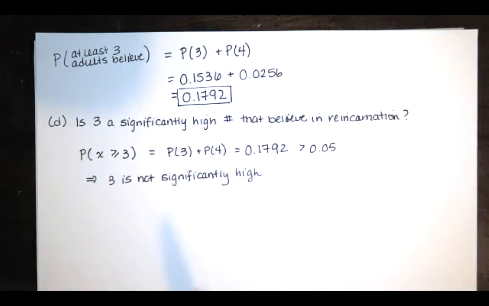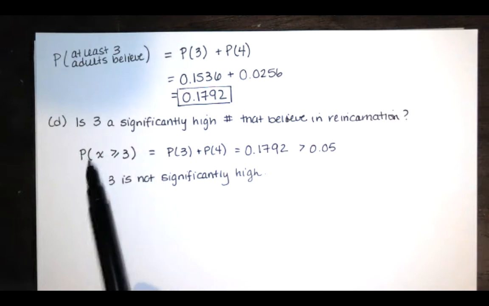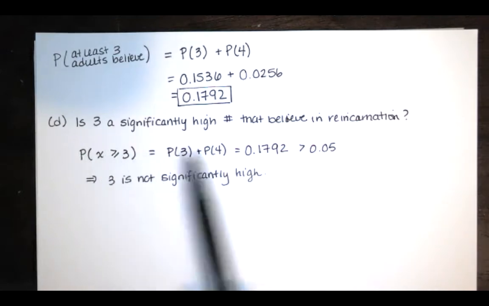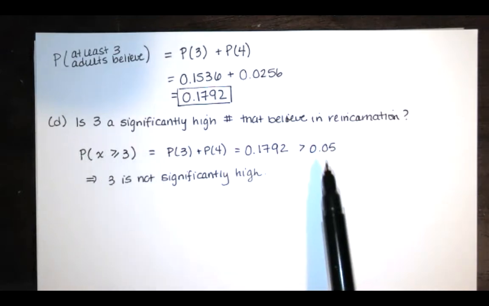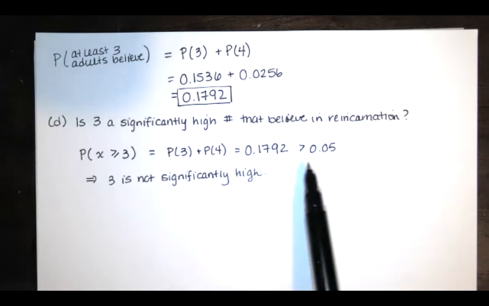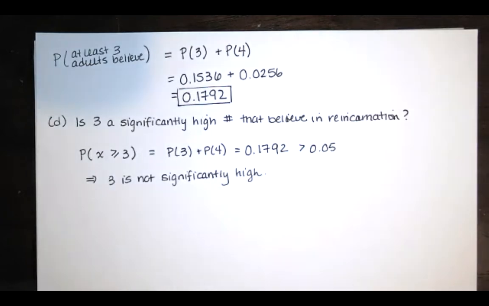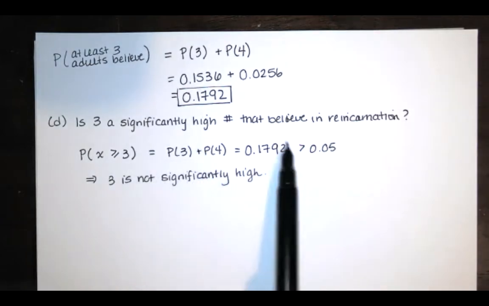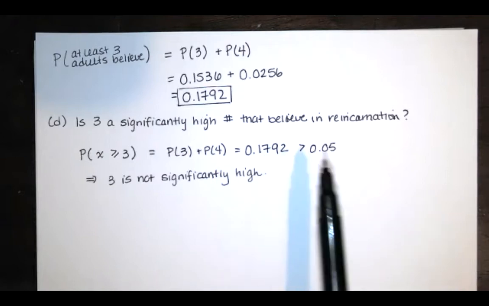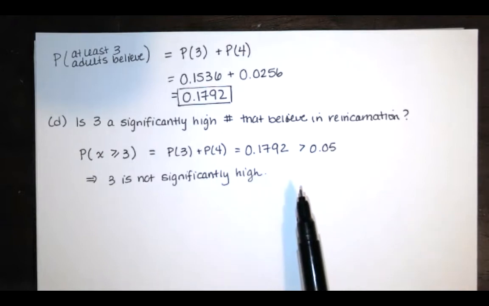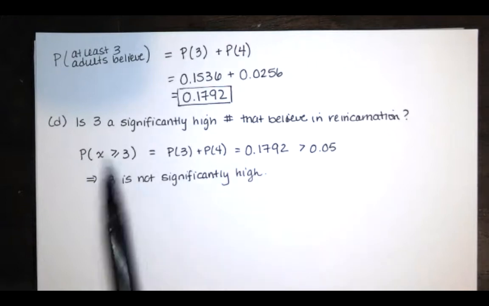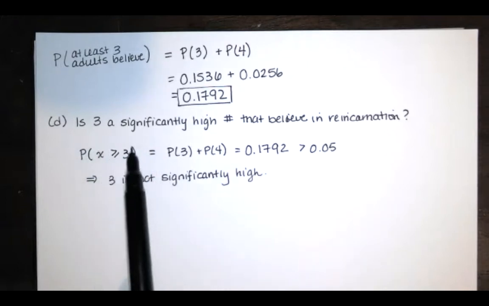And again, the way we're doing that is we're just looking at the probability that x is greater than or equal to 3, and we're comparing it to 0.05. If that probability is less than or equal to 0.05, then we'll say that that is rare and that value over here is significantly high.